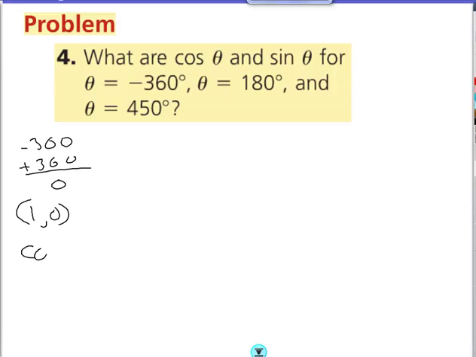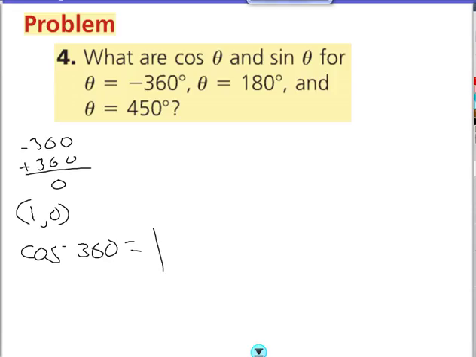So the cosine of negative 360 is what? One. How come? The first coordinate in the point is the cosine.